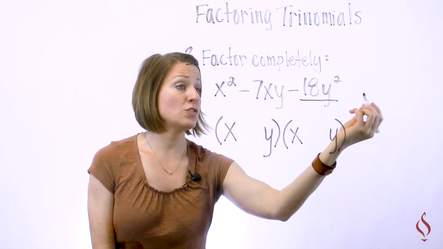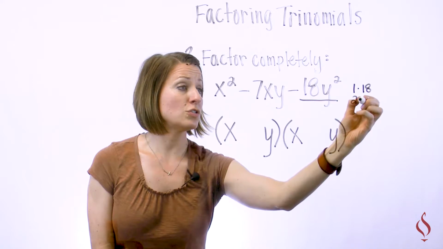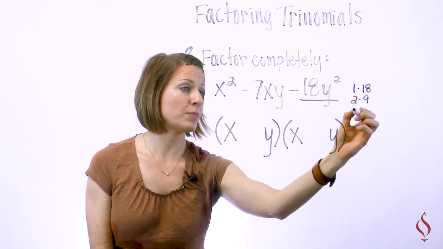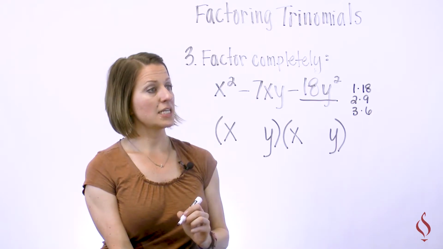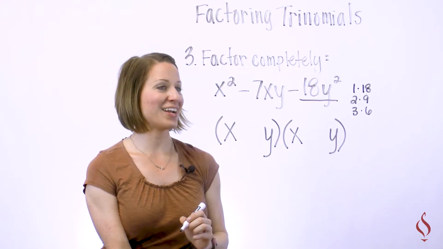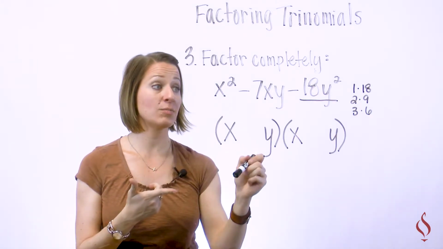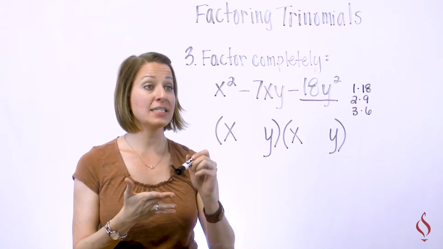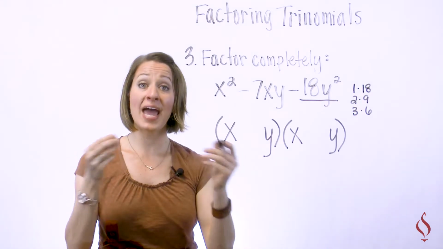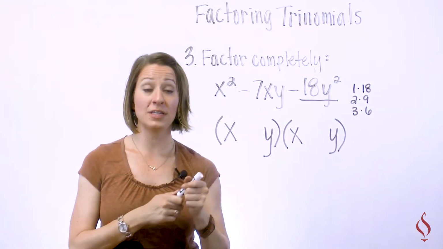So if you think of two numbers that multiply to 18, you have 1 and 18, you have 2 and 9, 3 and 6. I think that looks pretty good. All right. Now to get a negative 18, one of these numbers has to be negative, one has to stay positive, and to get a negative 7, to add two numbers to get negative 7, the larger one has to be the negative one.